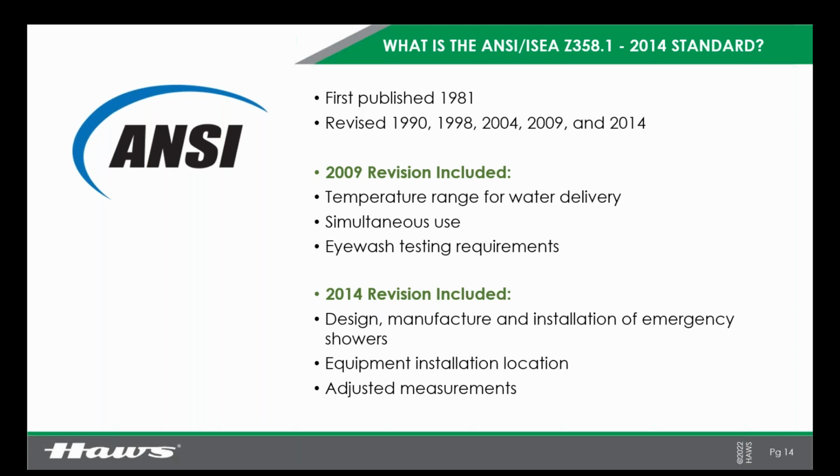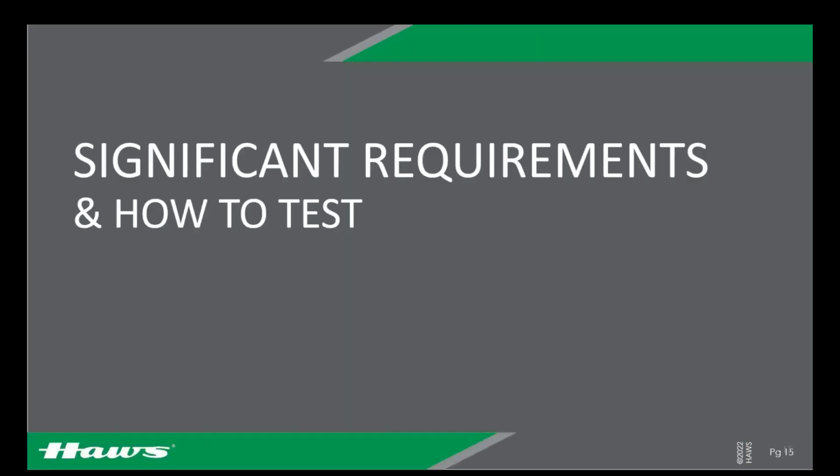In 2014, we got a lot of revisions, including the design, manufacture, and installation, and some adjusted measurements, some of them geared towards manufacturers. Luckily, Haws was way ahead of the curve there, so it has really helped to standardize how a lot of this looks, because you get those Frankenstein units out there where somebody slaps something together. We want to try to avoid that.